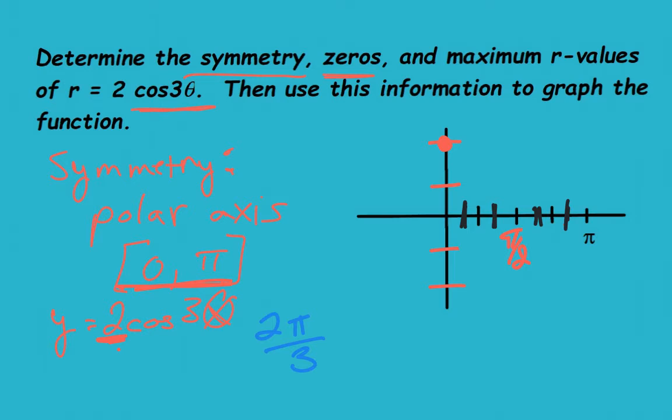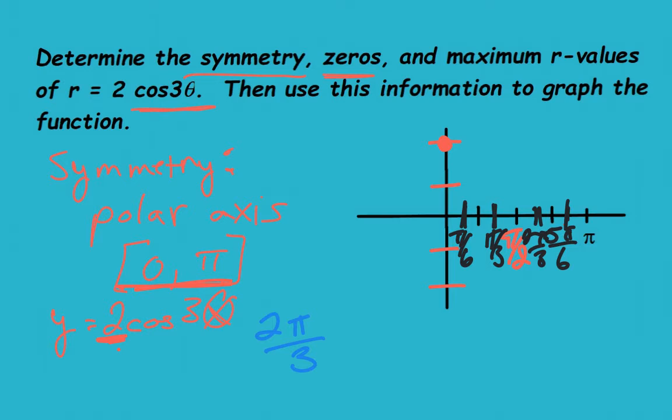So this is going to be pi over 6, pi over 3, 2 pi over 3, and 5 pi over 6. Of course, there's pi.